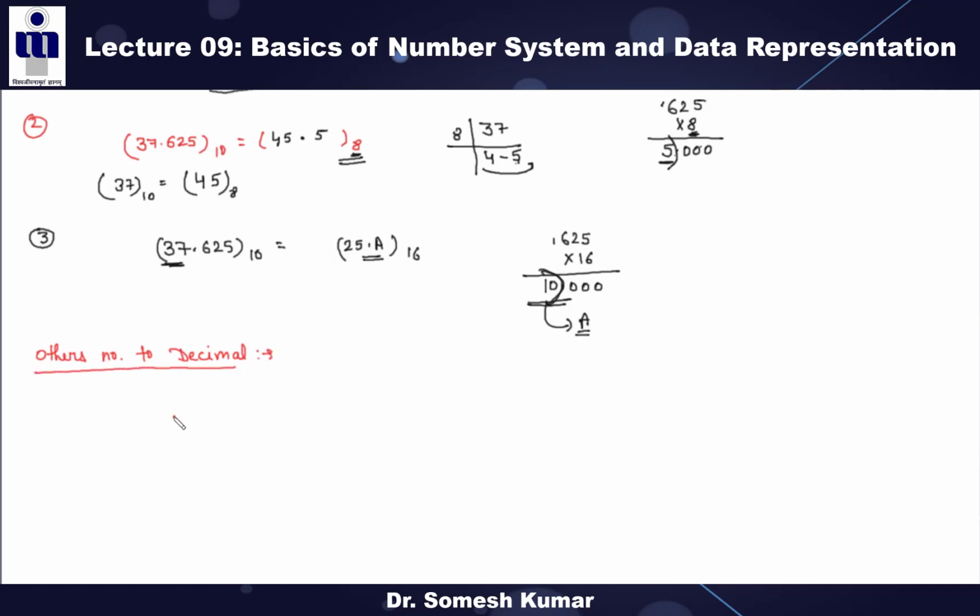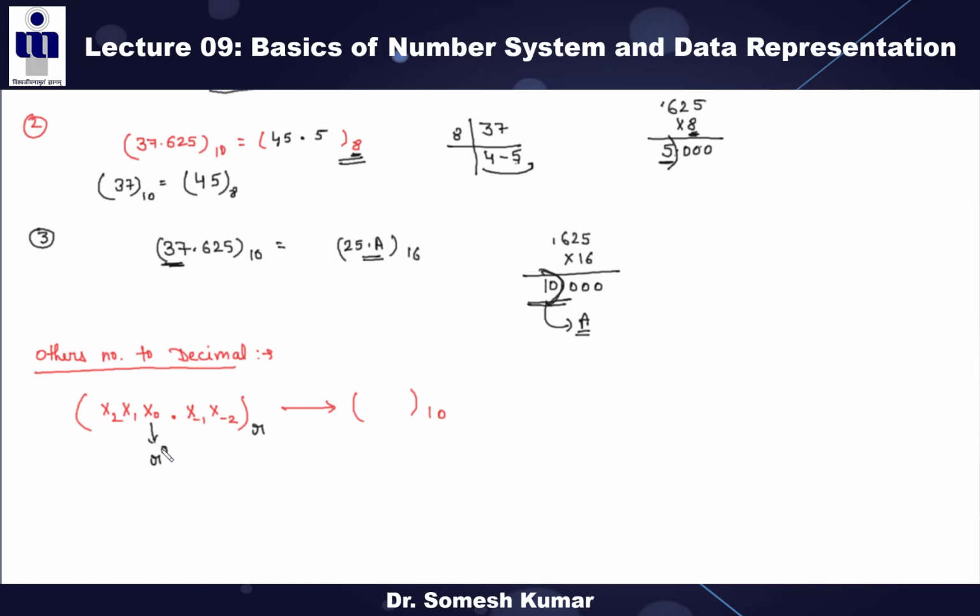Suppose this is any base number and you have to convert to base 10, right? How you can convert this thing? So for this, this is R0, right? Suppose this is in the base R, right?